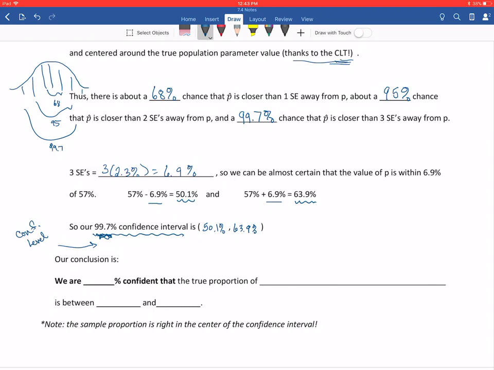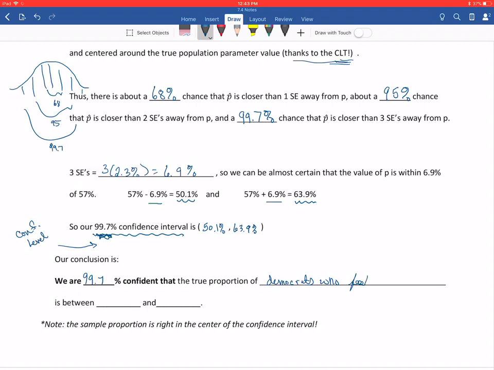So the way that we write our conclusions then of these confidence intervals is we would say something like, we are 99.7% confident that the true proportion of fill in the blank. So what are we talking about? We are talking about Democrats who, and instead of explaining it all again, they're who think that the news media spends too much time on unimportant issues.